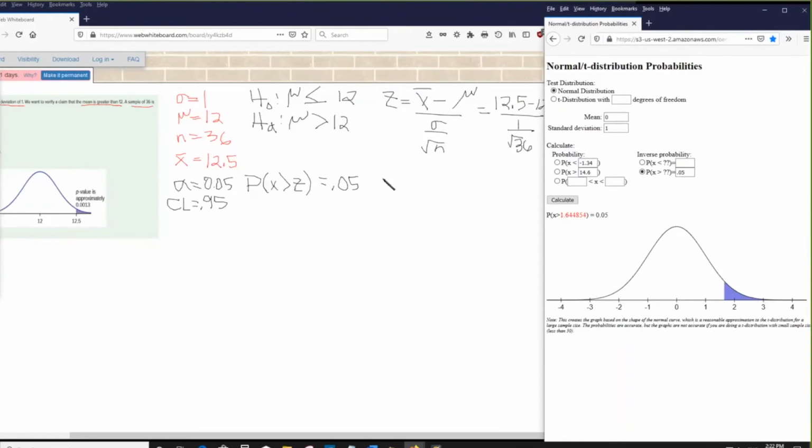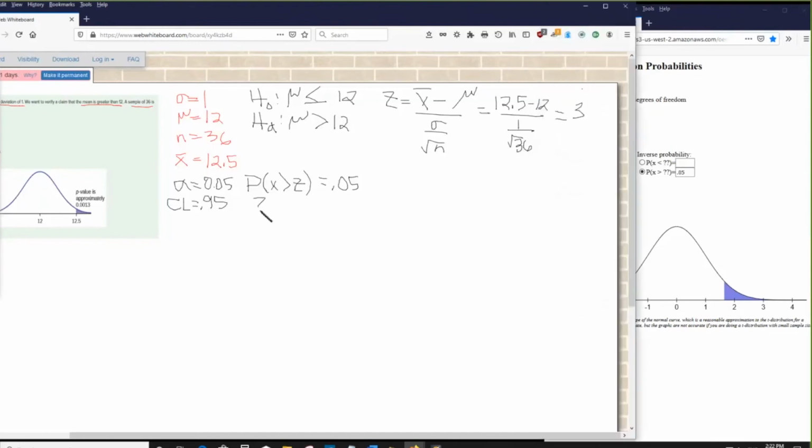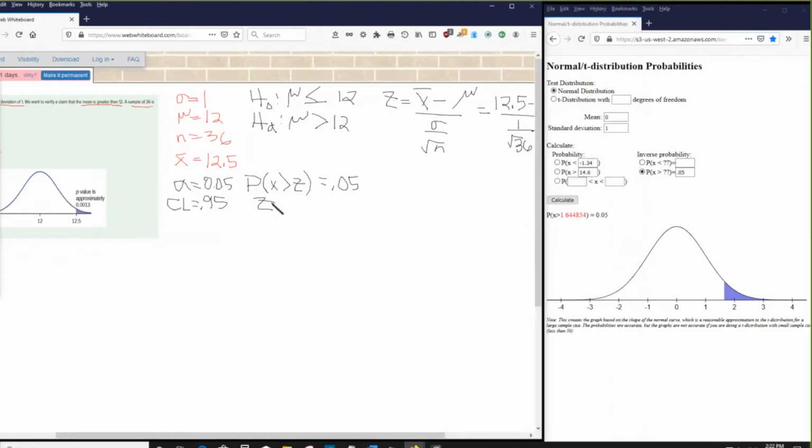So that's going to give me a z value of 1.645. And this will be my z for my null hypothesis.